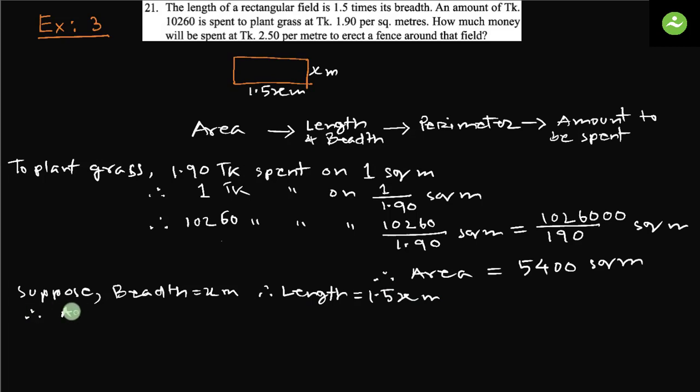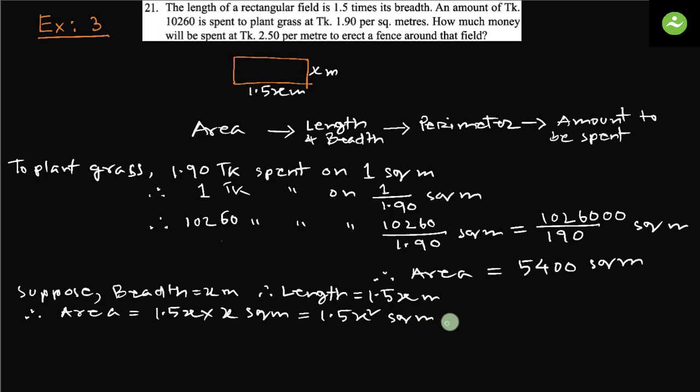Therefore, area equals length into breadth, 1.5 x multiplied by x, and the unit will be square meter, equals 1.5 x square meter.